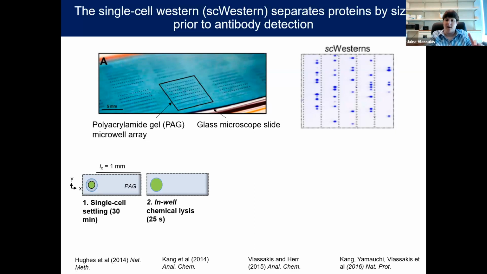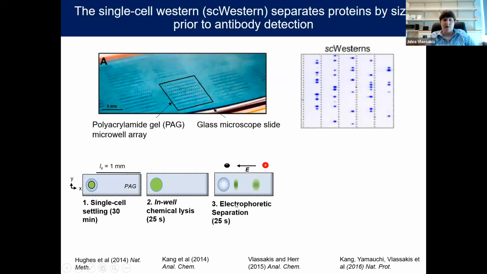I'll say more about work that we've developed for selective detection of protein complexes, but in this case, in-well chemical lysis with a denaturing buffer, electrophoretic separation. So this whole thing is submerged in a small electrophoresis chamber, custom designed, and you apply an electric field across the entire array, and proteins migrate into the gel and separate by their size. So as with a standard Western blot, your smaller proteins migrate faster and your larger proteins migrate more slowly.